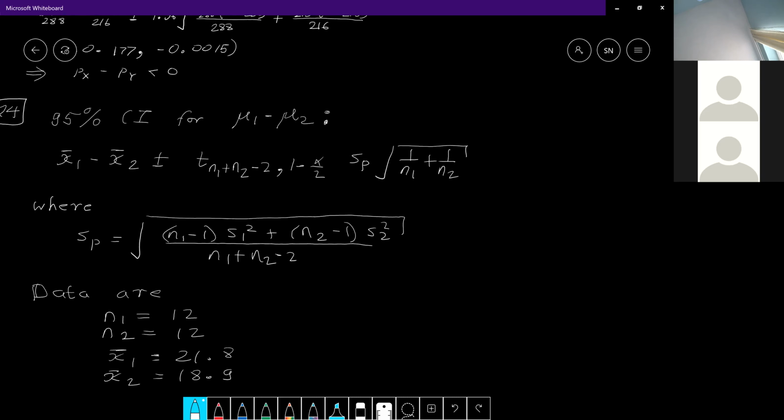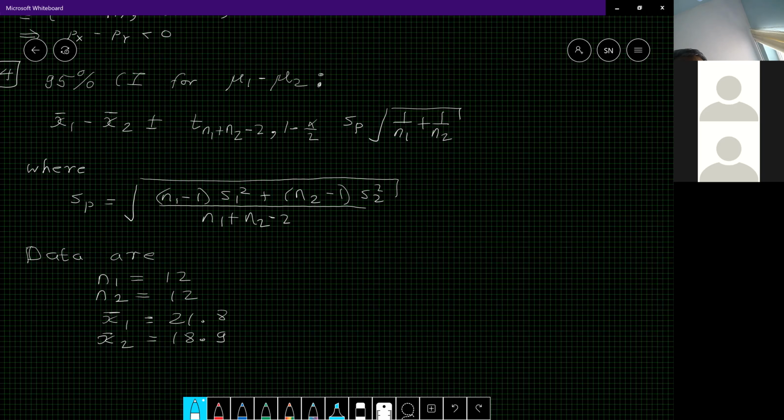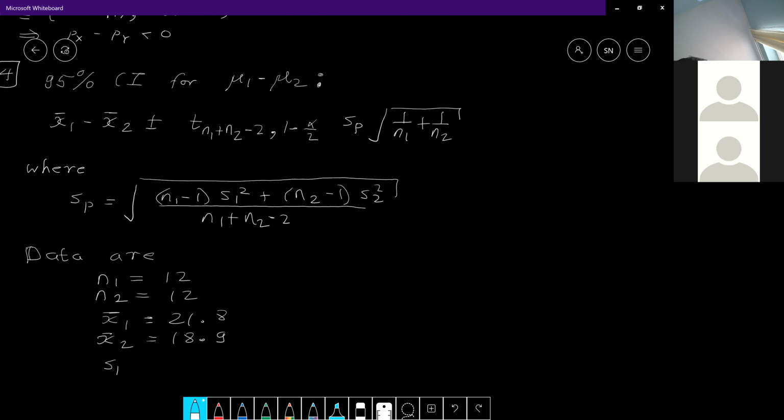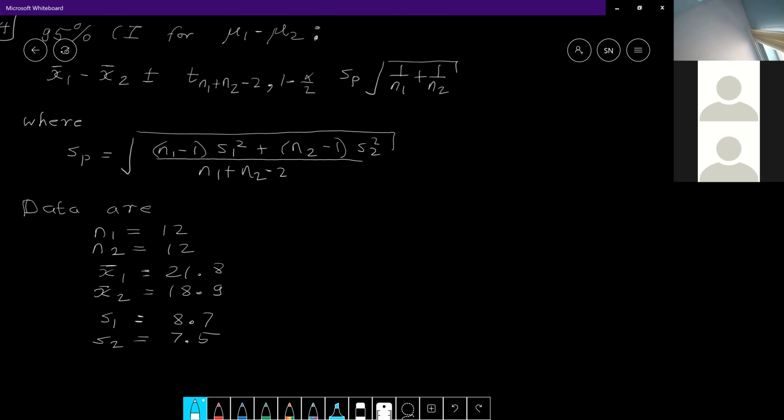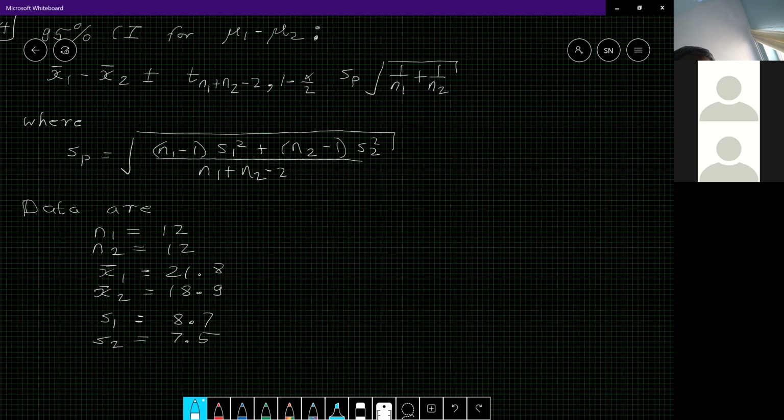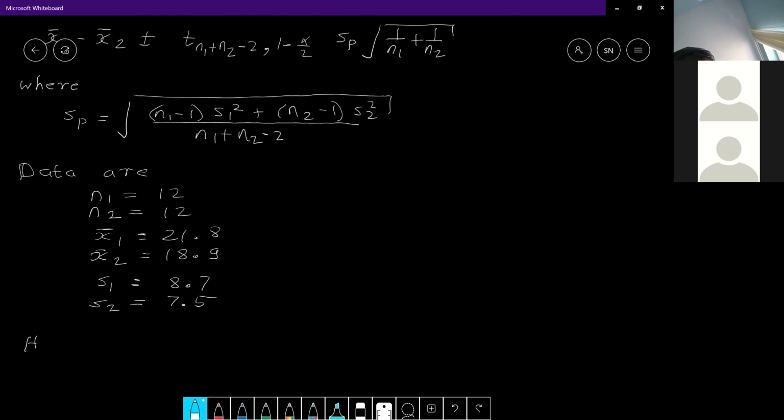You're also told that S1, the sample standard deviation for the first sample, is 8.7, and that S2 is equal to 7.5. Okay, so given all this, we can work out the confidence interval as follows.